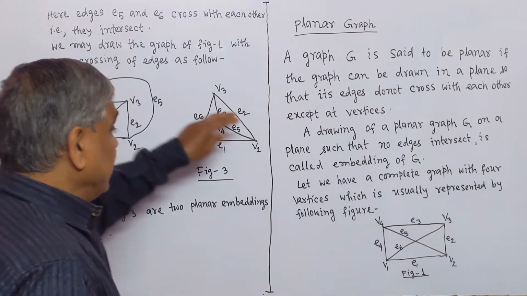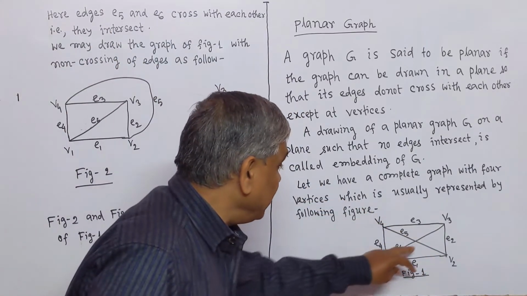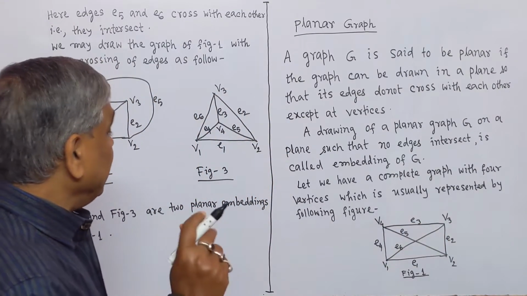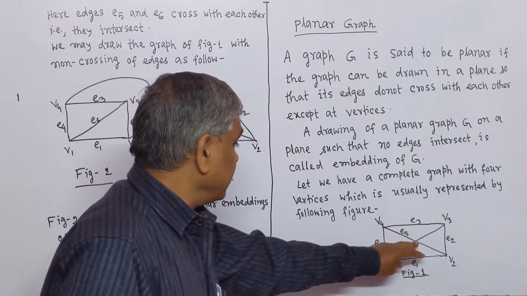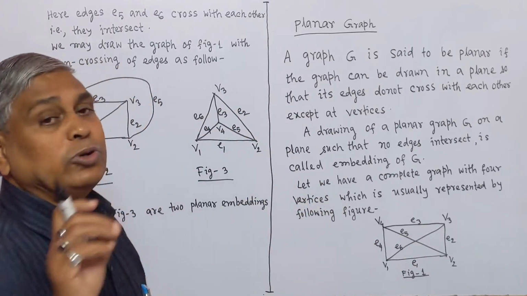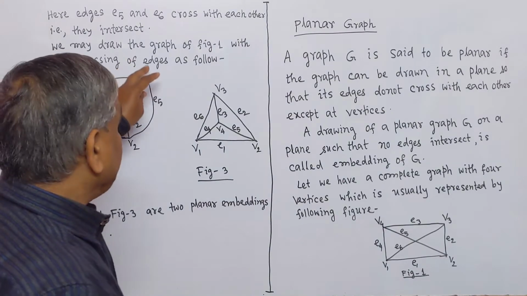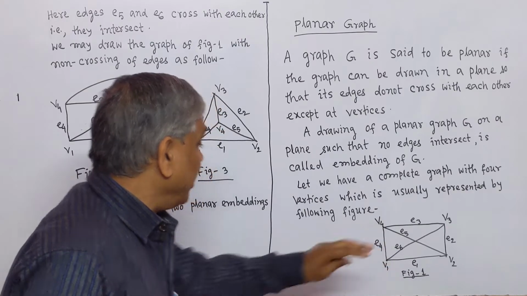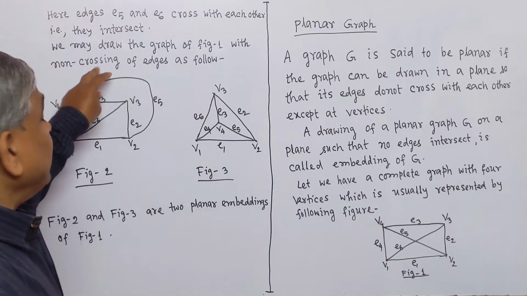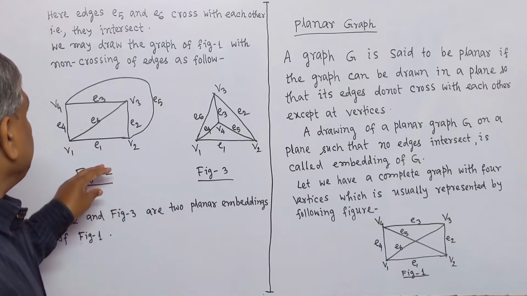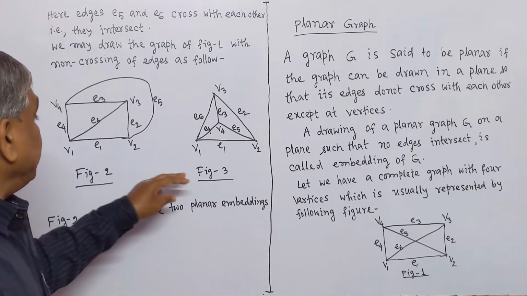Here edges E5 and E6 cross with each other, that is, they intersect with each other. We may draw the graph of figure 1 with non-crossing of edges as follows. We get figure 2 and figure 3.